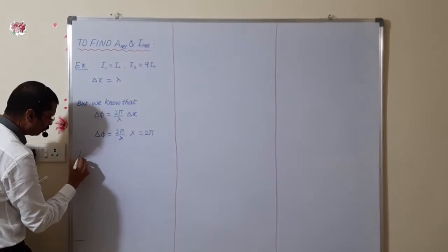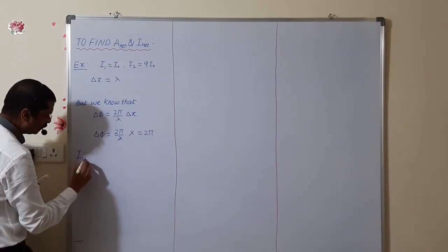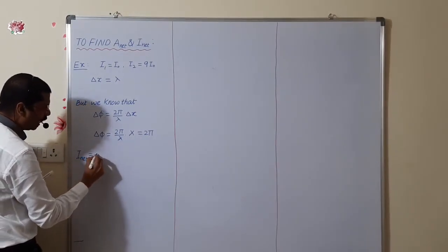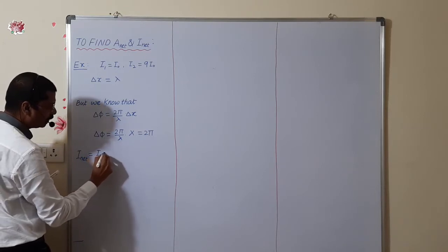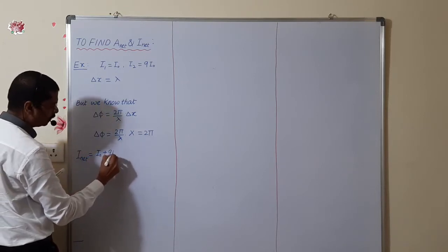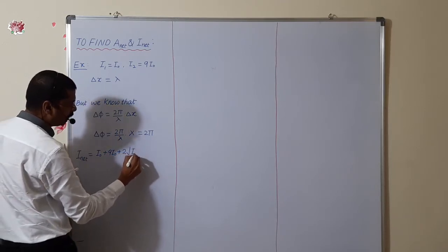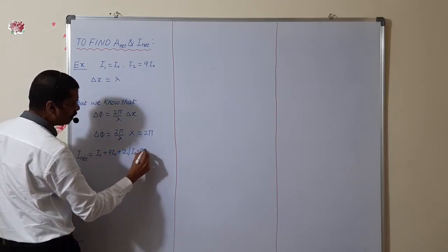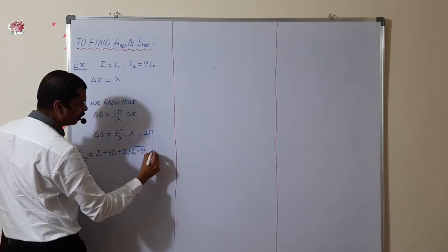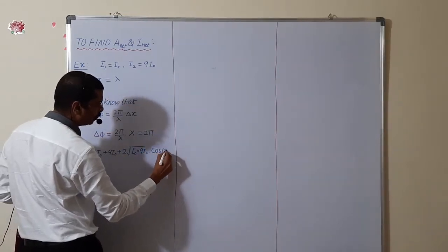Now I am finding I net. I net is equal to I1, which is I0, plus I2, which is 9 I0, plus 2 under root I0 into 9 I0 into cos 2 pi.